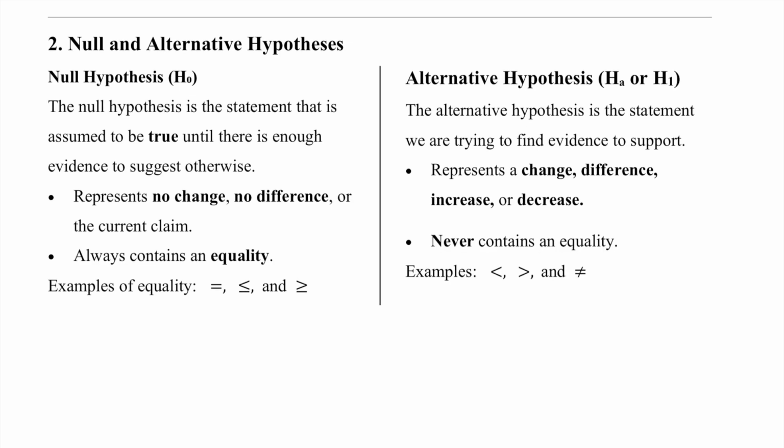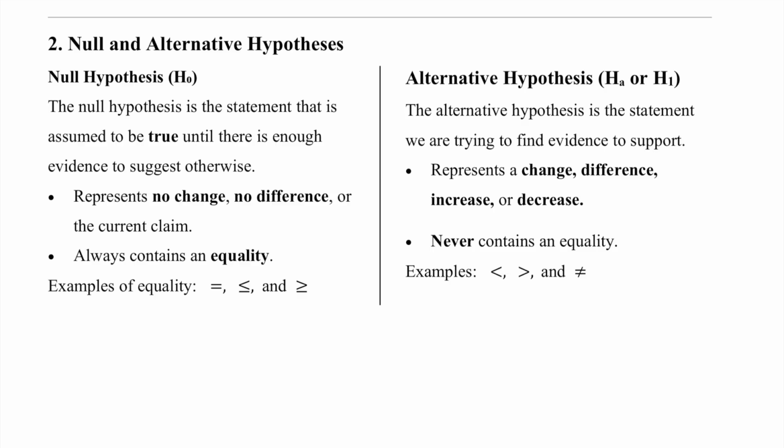Every hypothesis test has two hypotheses. The first is the null hypothesis, written as H naught. The null hypothesis is a statement we assume is true unless there's enough evidence against it. It usually represents no change, no difference, or the current claim.